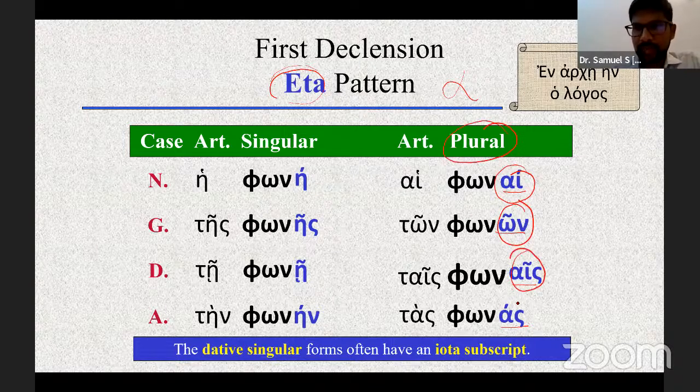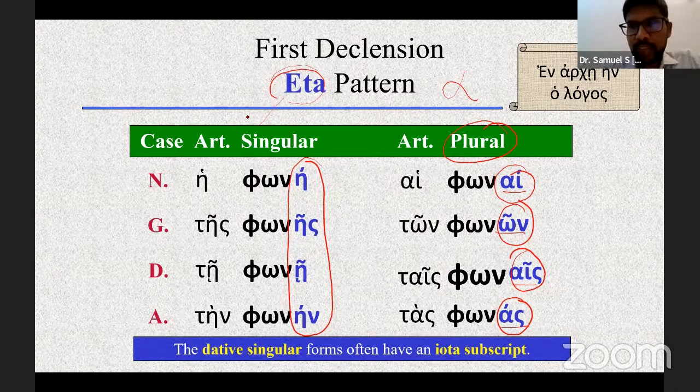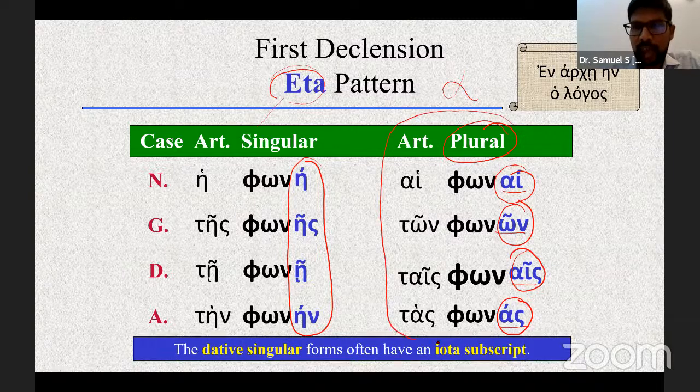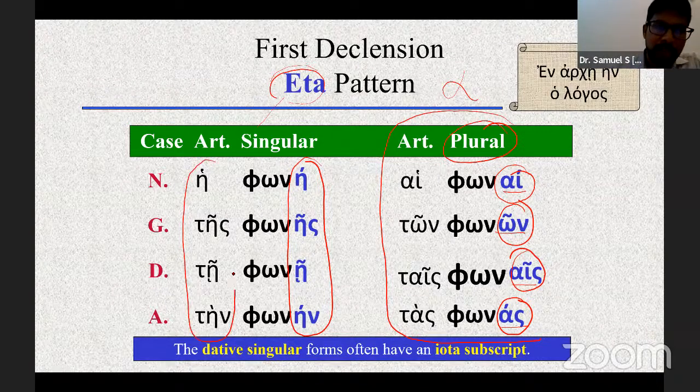Same endings. The only things which have changed are the singular. Which is why grammarians think it's better you just learn them both as one declension. Why? Because in the plural, they are following the same pattern. And beyond that, the article remains the same.